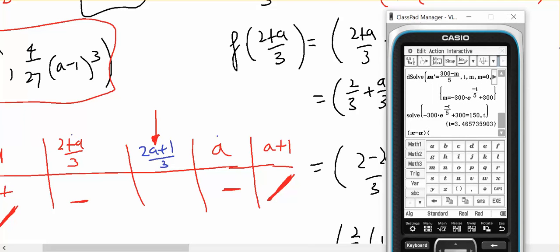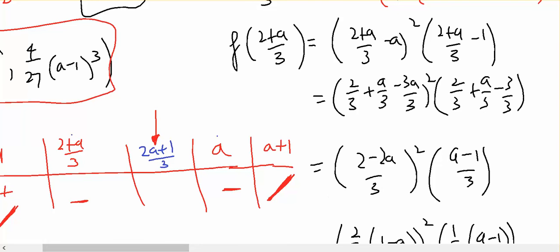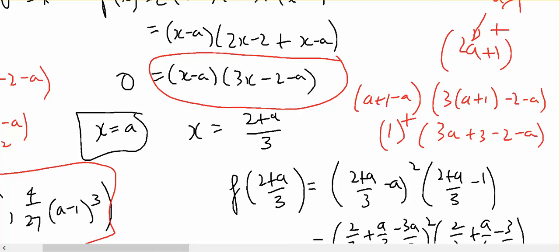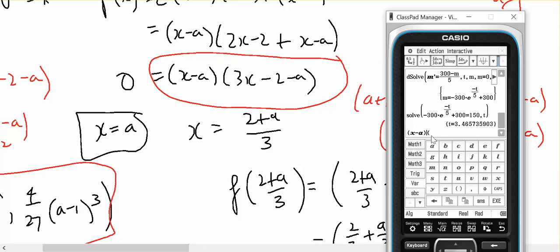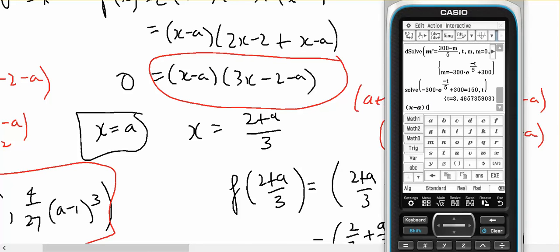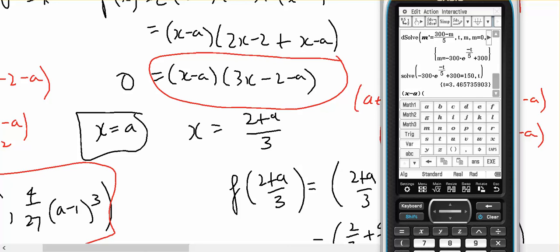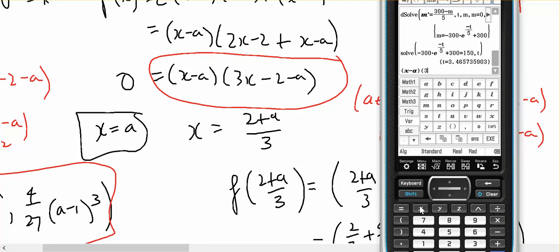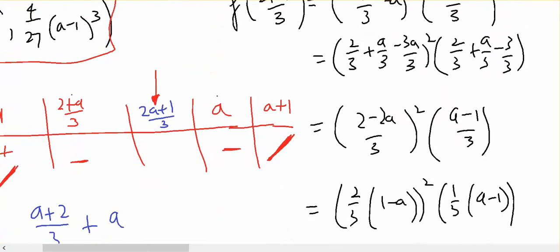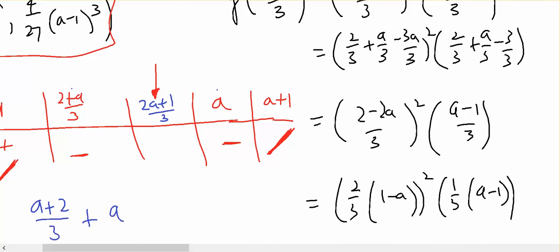No, that's f of x. So where is my derivative? There's my derivative. So I've got (x minus a)(3x minus 2 minus a), close bracket, math 3 given x equals, and the value that I want is (2a plus 1) on 3.